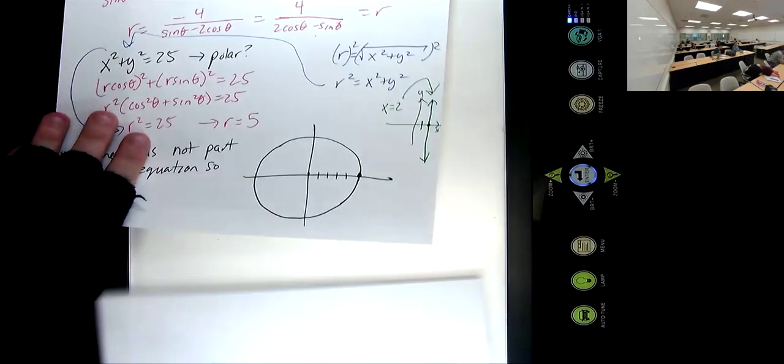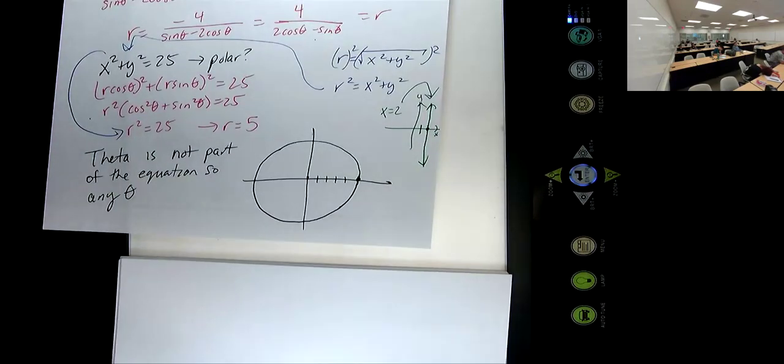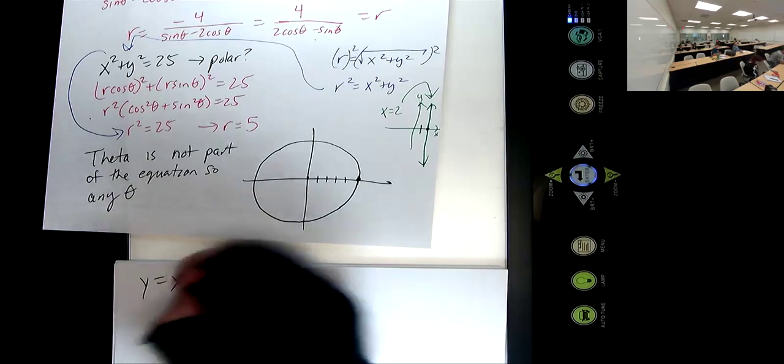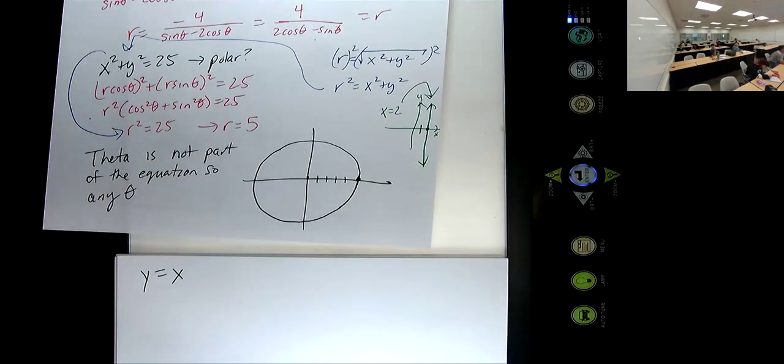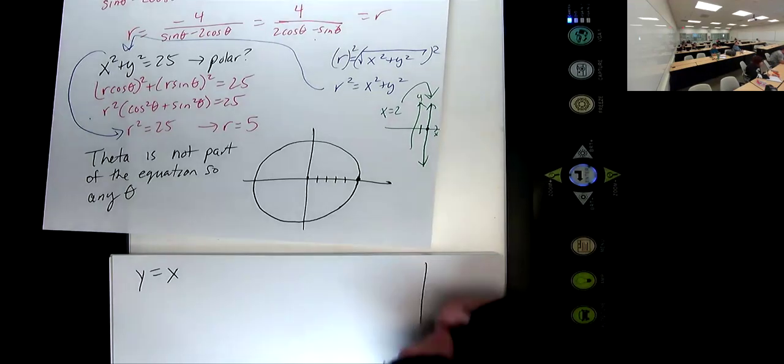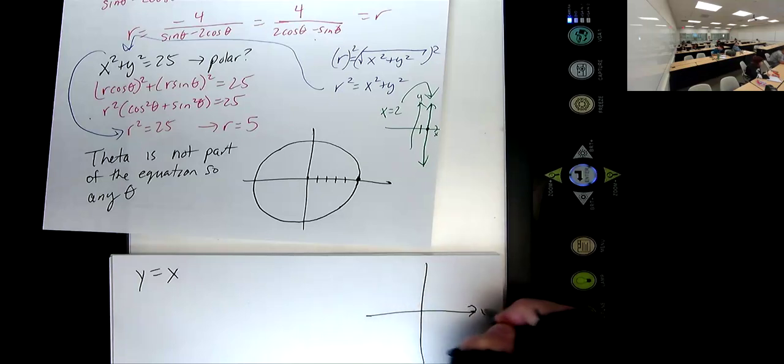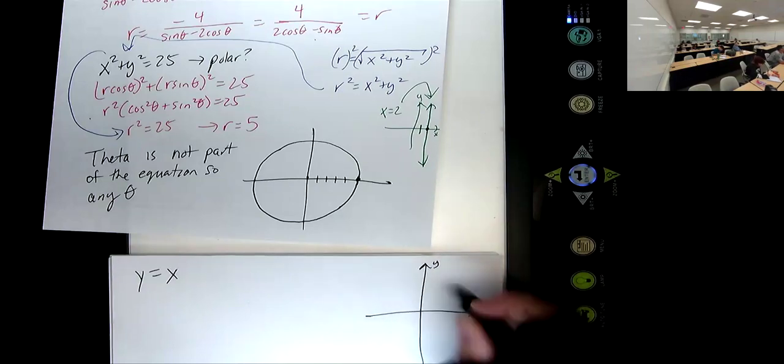Let's add this one in right now. How about y equals x? Fine. This one's easy in both systems. Y equals x is easy in both systems. It's a diagonal line.